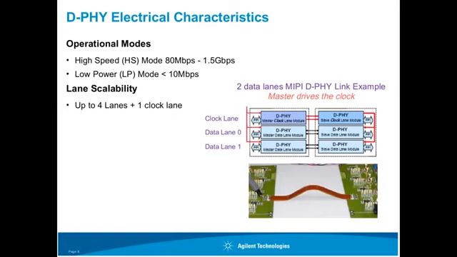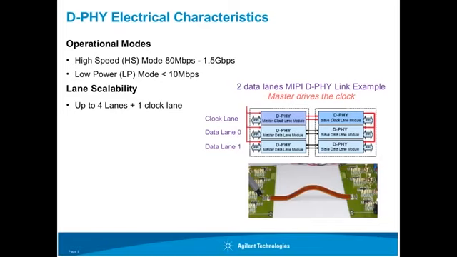The D-PHY interface consists of one clock lane and up to 4 data lanes. The number of data lanes is restricted basically by the skew between the clock and the data lanes. The example that we're showing here in the slide is a 2-lane D-PHY link. The lane scalability and data rate flexibility allow the application to be designed to meet a specific performance goal.